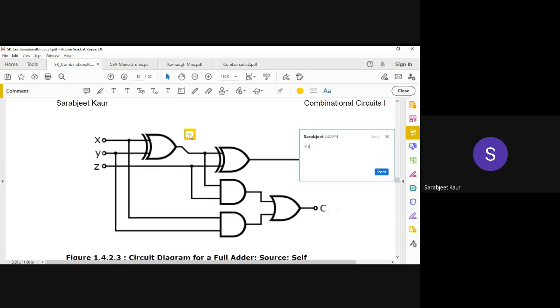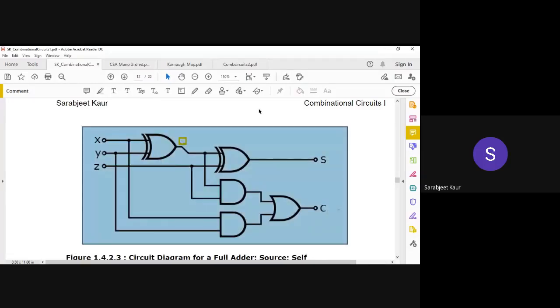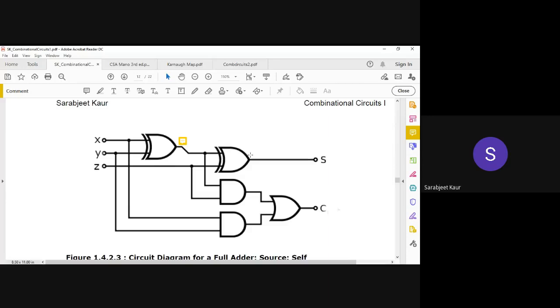Whenever you draw this on paper, you should write it down like this. At each output, you should write down like this. Now this is XORed with z to give me x XOR y XOR z. Any problem? No, ma'am.